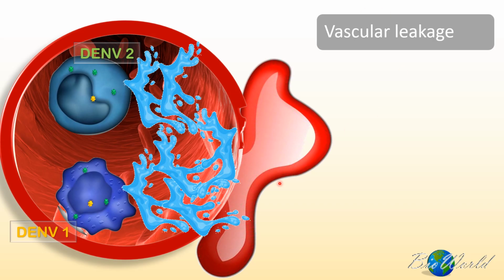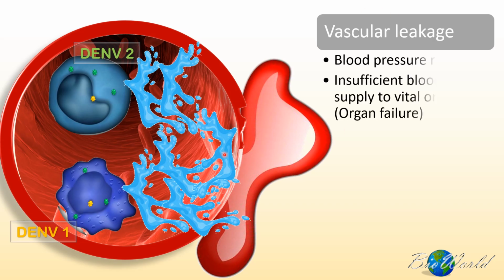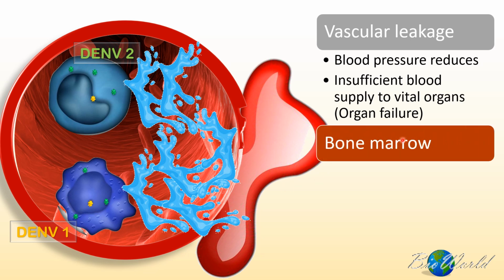When there is vascular leakage, the blood pressure begins to reduce. Now, when our blood pressure is less, the major organs of our body do not receive sufficient blood. So our organs begin to fail. One of the organs involved is our bone marrow.